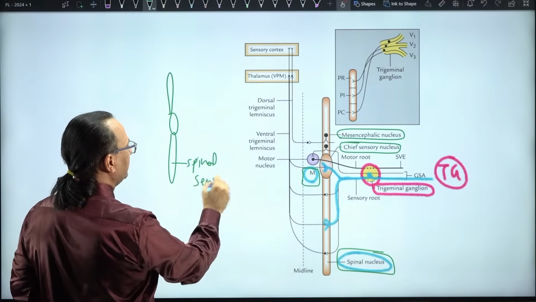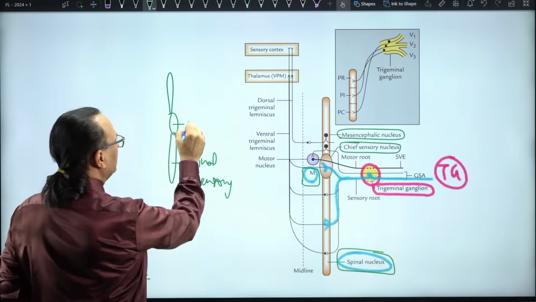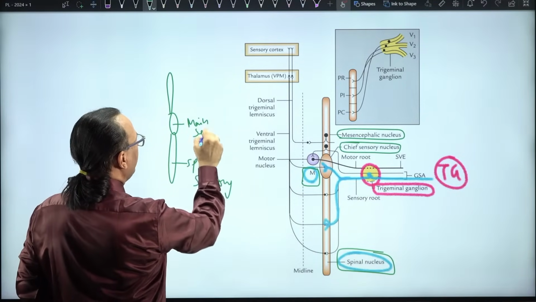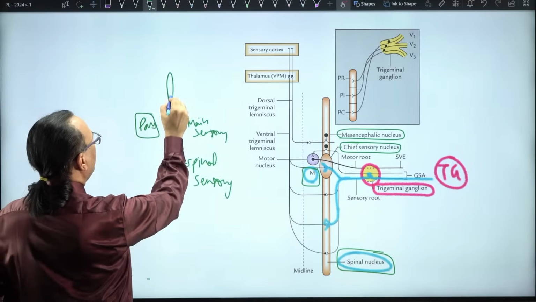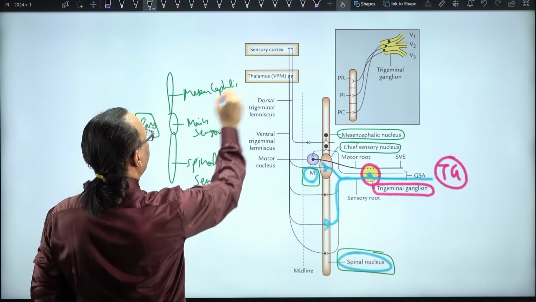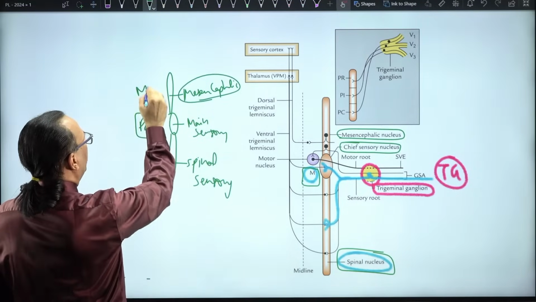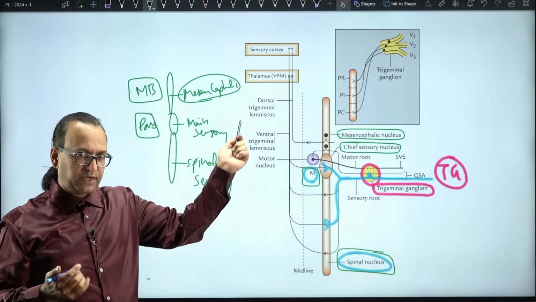It is called spinal sensory because it is reaching the spinal cord, and then there is the main sensory, which is actually in the pons of the brainstem, and then there is the mesencephalic sensory. Mesencephalic sensory is called so because it is in the midbrain. So in the midbrain we have the mesencephalic sensory nucleus of trigeminal.